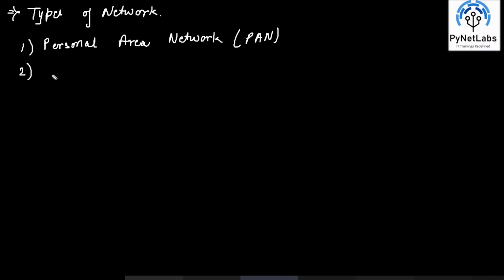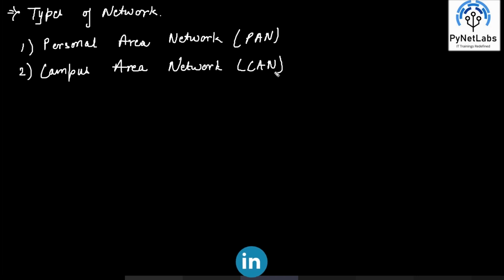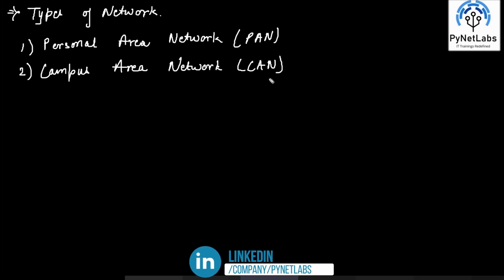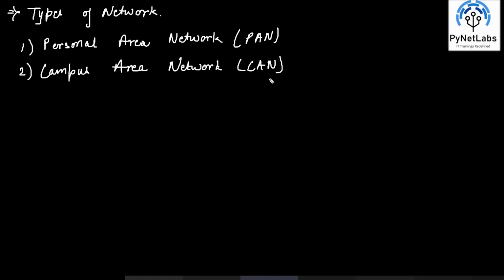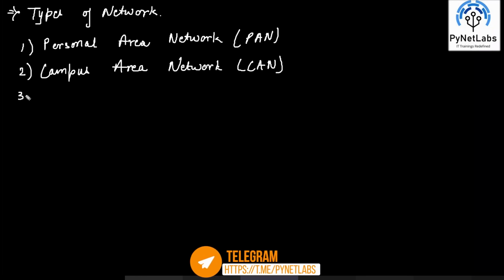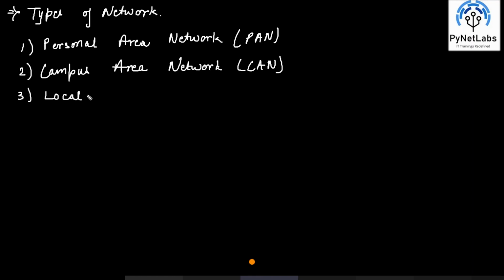Then the next one we have is the campus area network. A network which covers the area of a campus. You can consider college networks as a campus area network. The third one we have is the local area network, known as LAN.